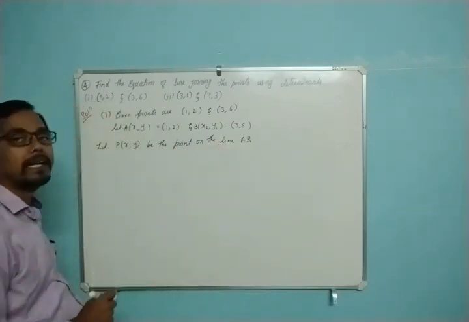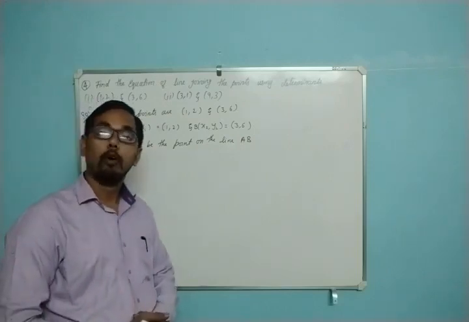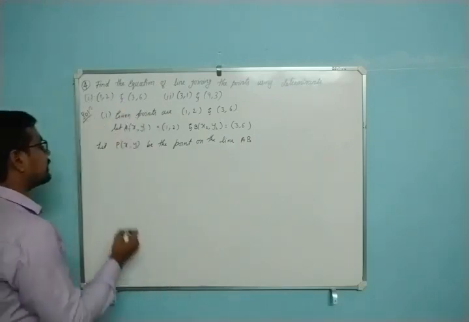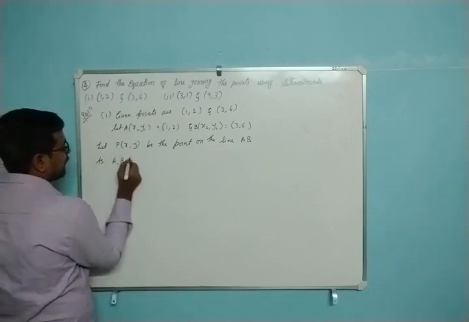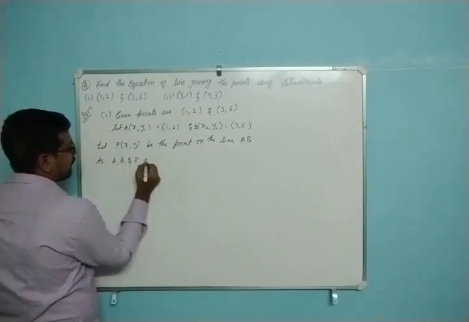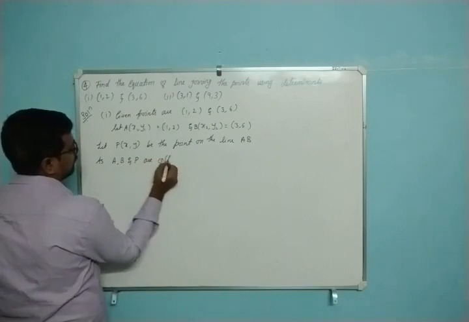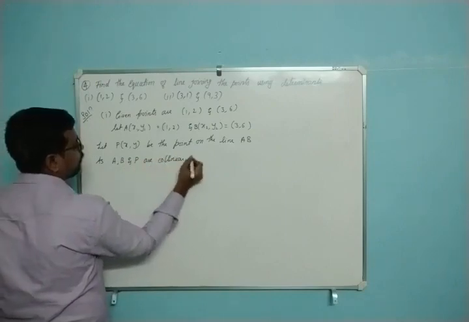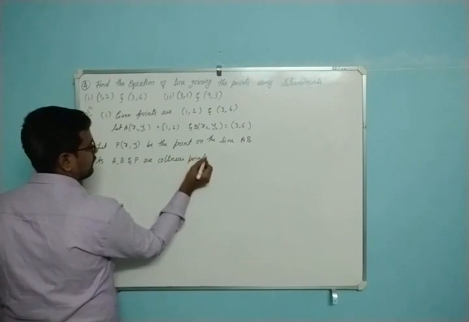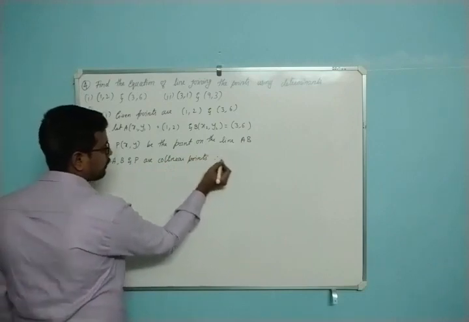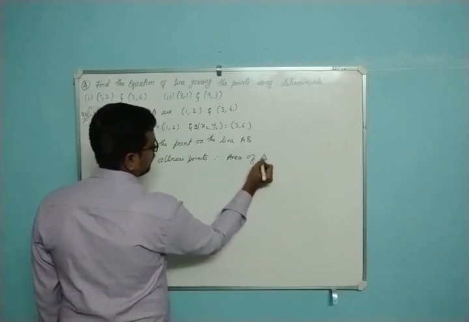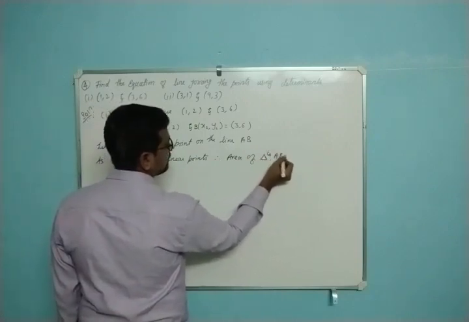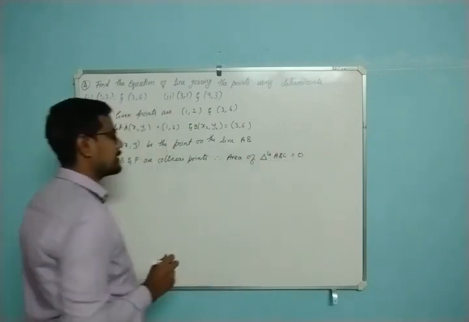As A, B and P are collinear points, therefore the area of the triangle will be equal to 0.